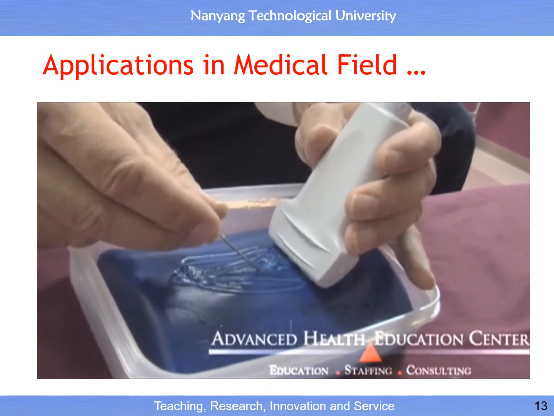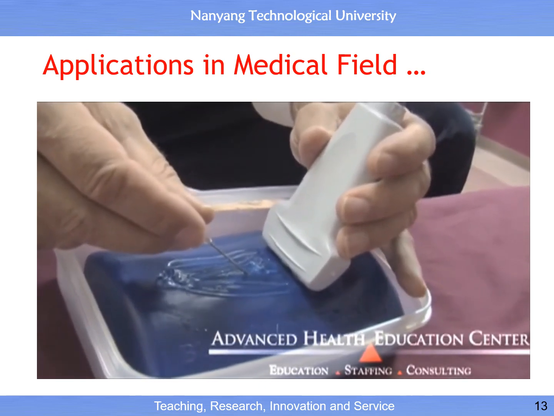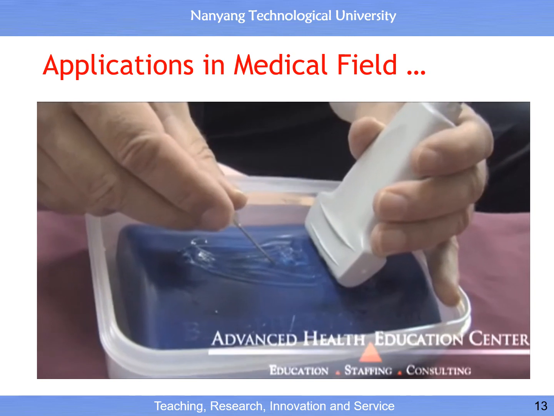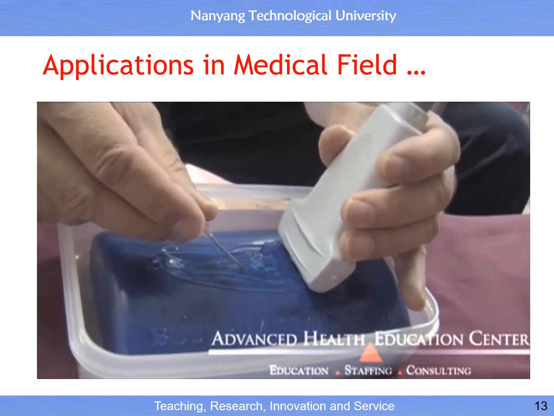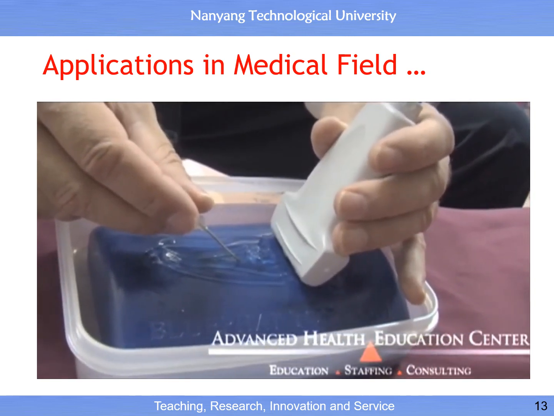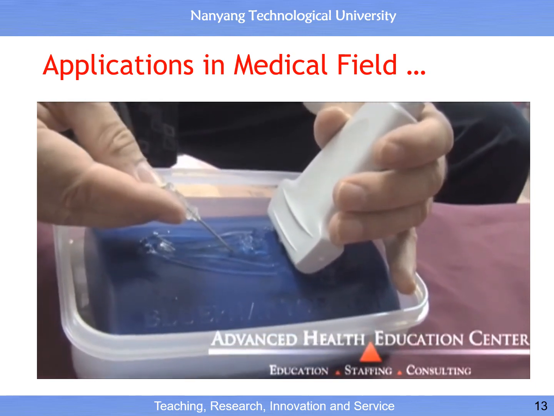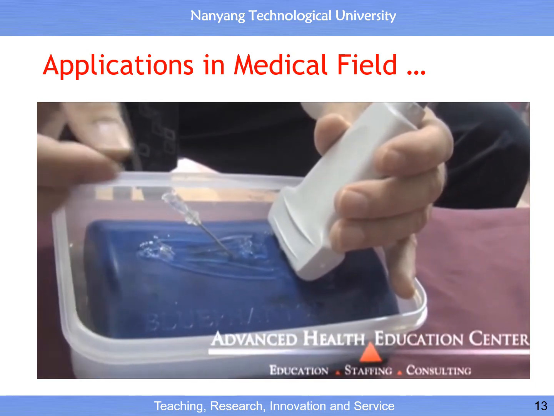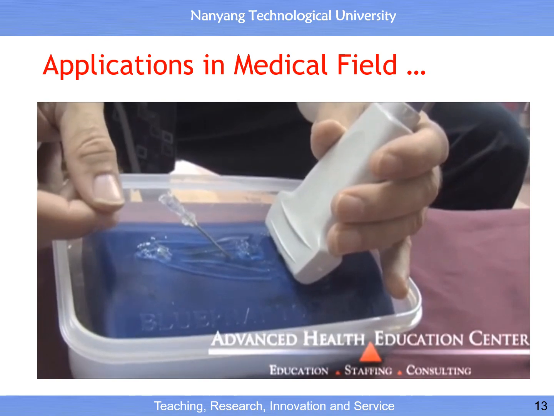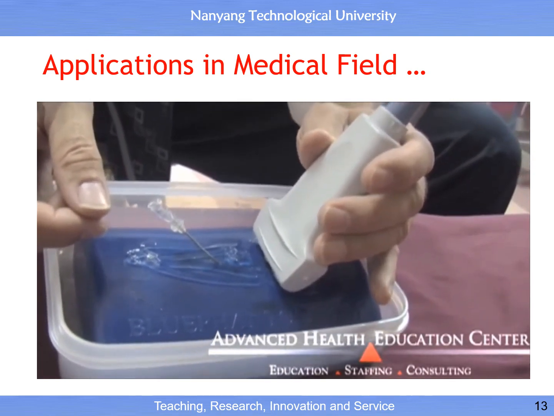It's two-handed. You're advancing both needle and transducer at the same time, following the tip of that needle until it enters the vessel. Once it enters the vessel, you get your flash, put in your guide wire, and access is there.